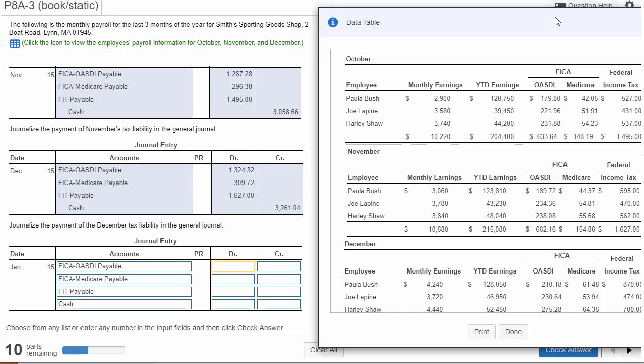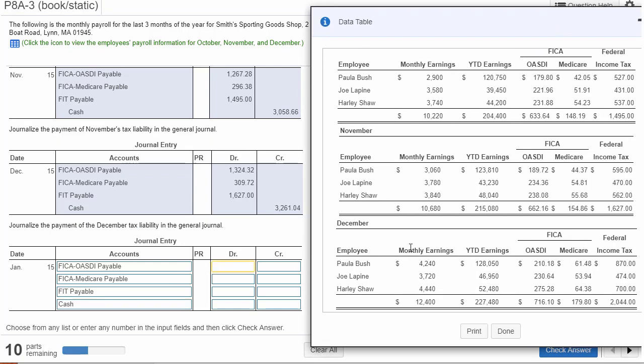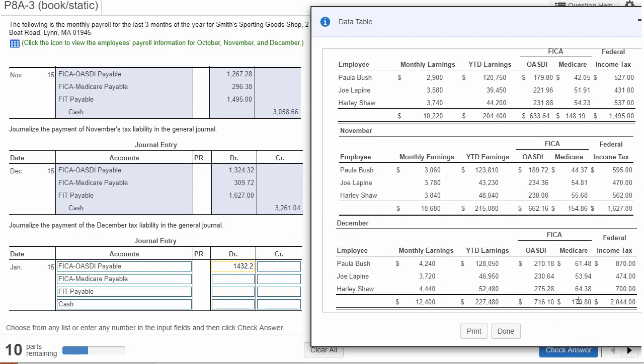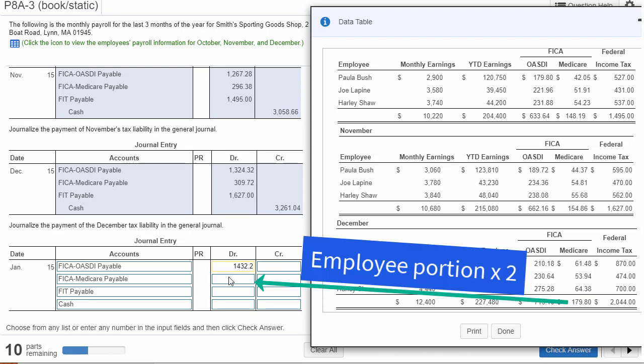So OSTI for December, we've got 716.10 times 2 gives us 1432.20. Then we got 179.8 times 2 gives us 359.6.